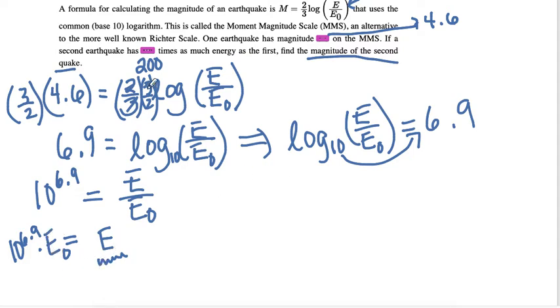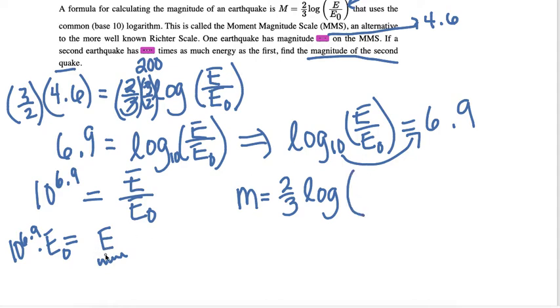We know the second earthquake has 200 times as much energy as the first. This is the energy that the first earthquake has. We're looking for the magnitude of the second earthquake. So we have M equals 2/3 log, going back to the MMS formula.